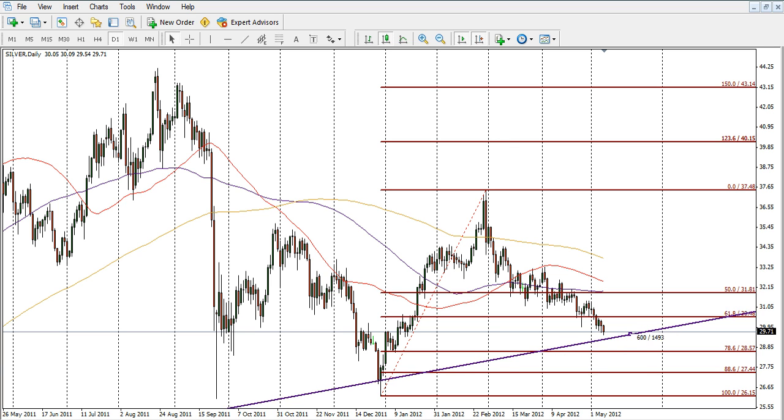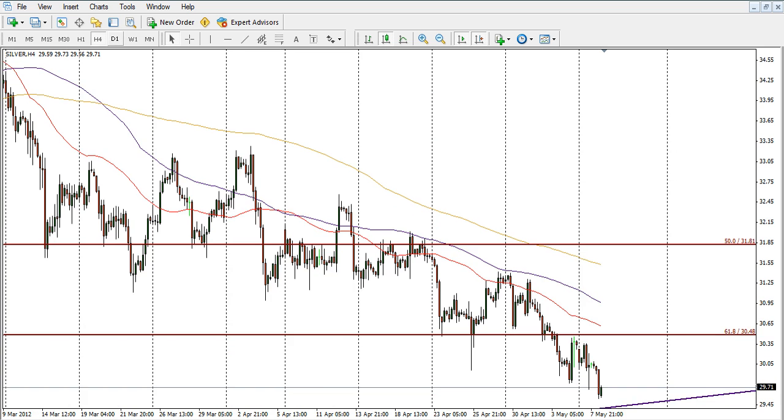If you wanted to bring it down a little bit lower, then it may coincide with the 78.6 around here, but I'd personally bring that above and put the trend line just at the lows of the bodies there. So it's all about what happens at this trend line support for me in terms of silver.